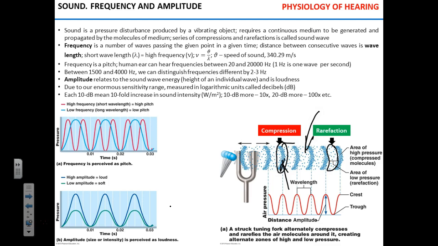Okay. Now, sound can be characterized by frequency or the wavelength. Those parameters are opposite to each other. High frequency corresponds to the short wavelength. Look at this picture here.